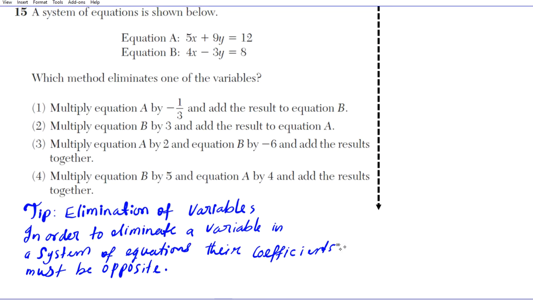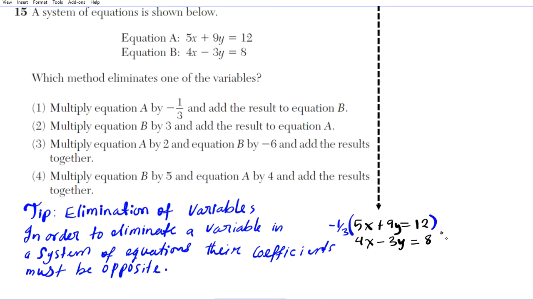Equation A is 5x plus 9y equals 12, and equation B is 4x minus 3y equals 8. So what if we multiply the first equation by negative 1/3? Does it result in any of the coefficients being opposites, either the x's or the y's?